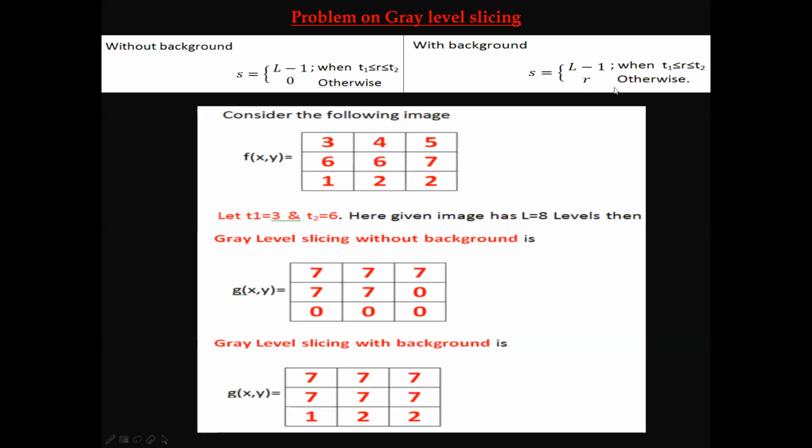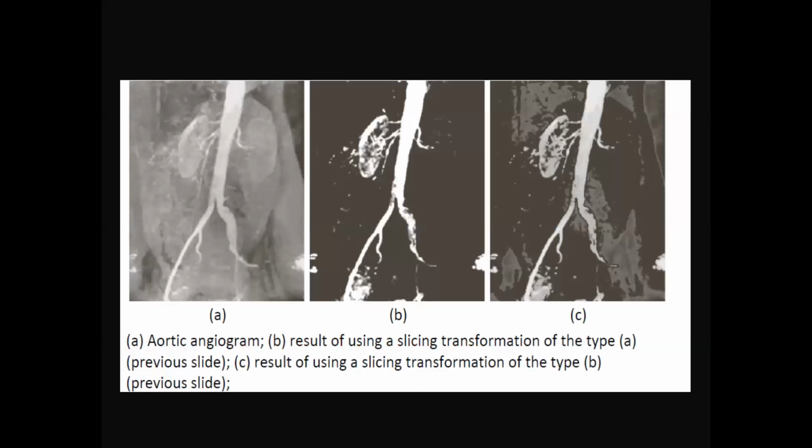The last 2 is also not in between 3 and 6, so we get 2 only. So this is the way of getting the gray level slicing of an image.